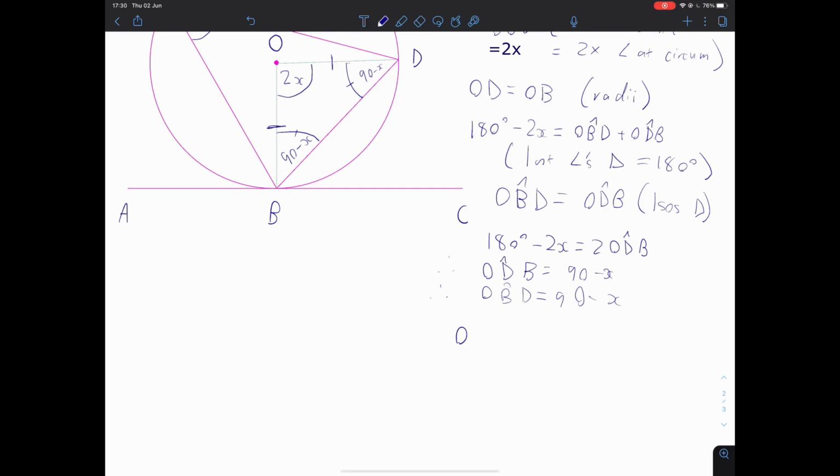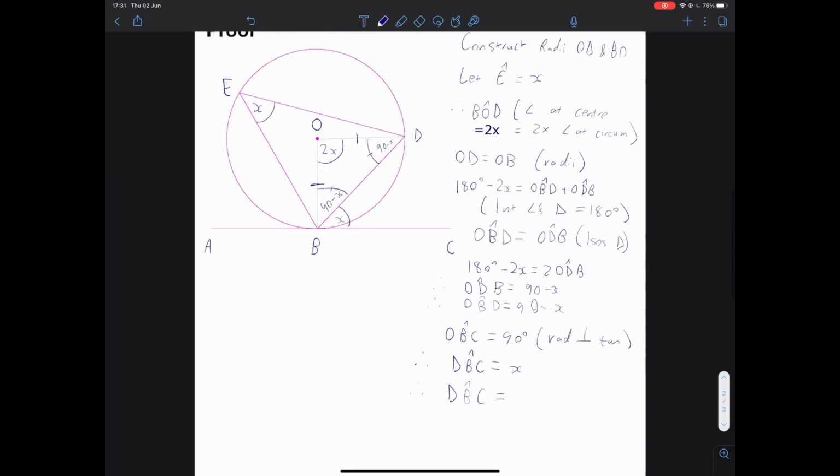This next conclusion also comes from a theorem we've learned today. We can state that OBC is equal to 90 degrees due to the fact that the radius is perpendicular to the tangent. Therefore, we can also conclude that angle DBC equals x, due to the fact that angle OBC minus angle OBD is equal to angle DBC.